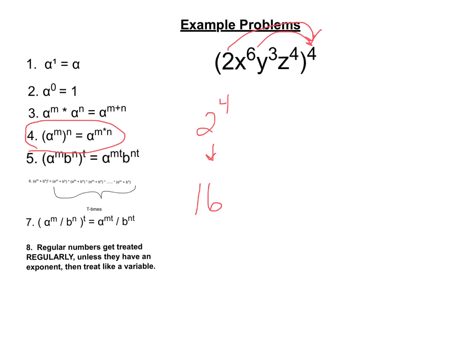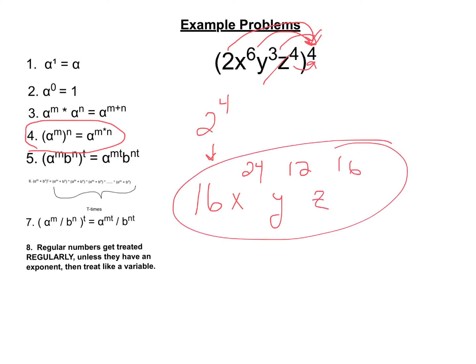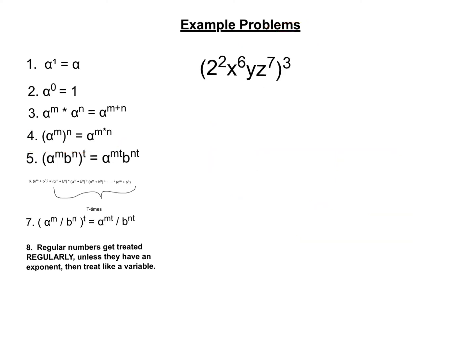So 6 times 4 is x to the 24th. Y cubed to the fourth, 3 times 4 is 12. And z to the fourth to the fourth is z to the 16th. Done. Piece of cake.